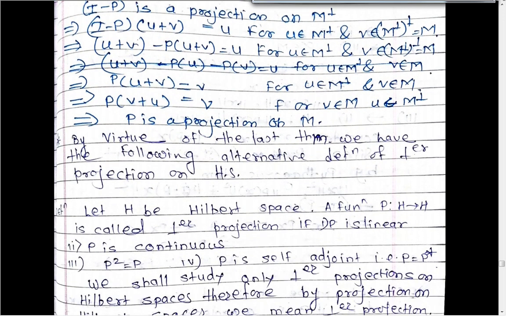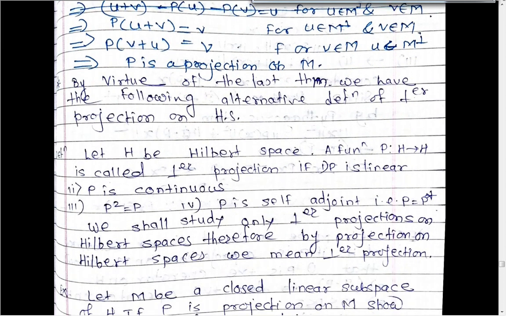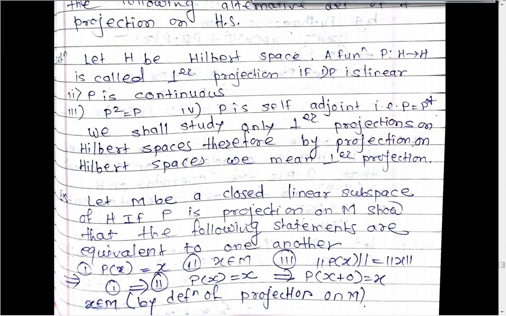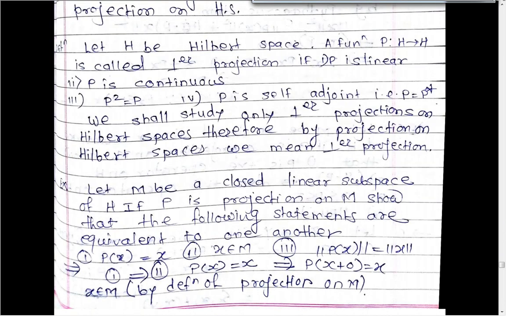Now, let us define projection on Hilbert space. A function P from H to H is called projection if it satisfies four properties. First property, that P is linear.